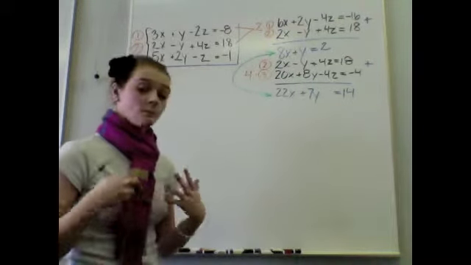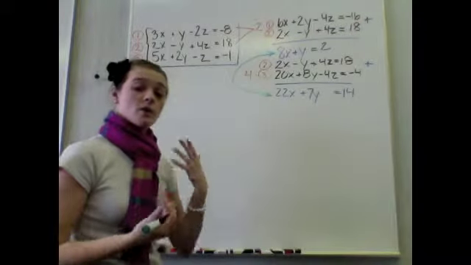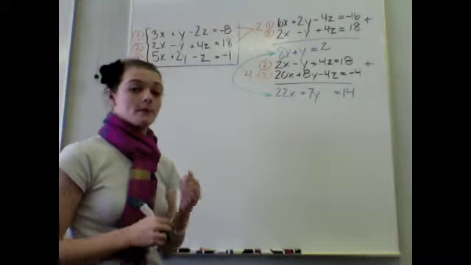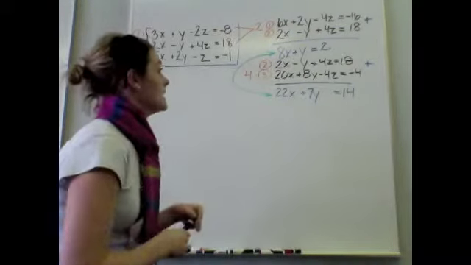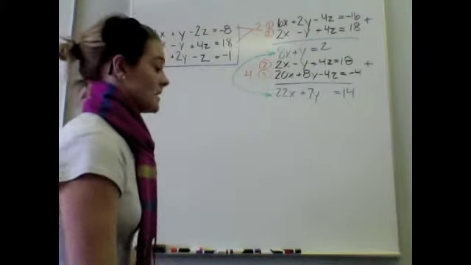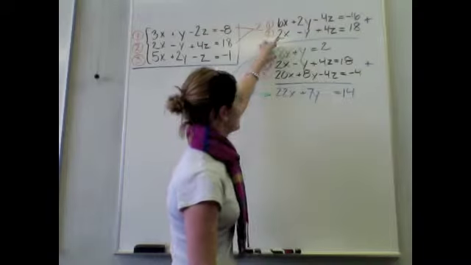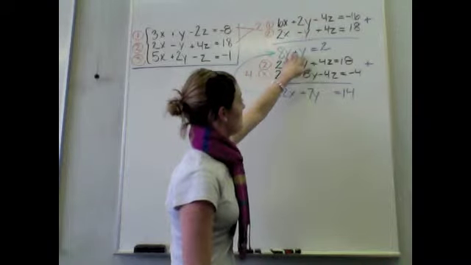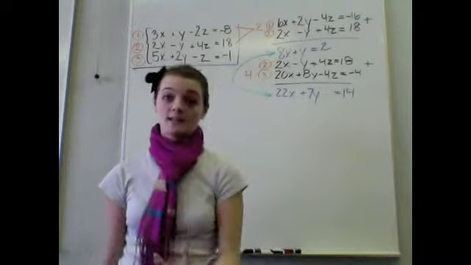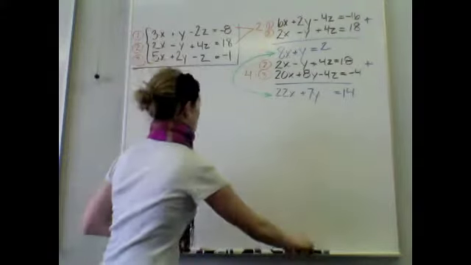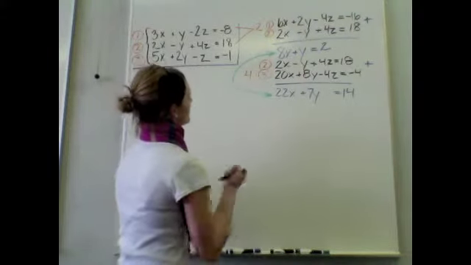Alright, so just like we did before, we're going to work to eliminate one of the variables with a 2x2 system. It appears to me that the easiest thing to do is multiply this first equation I found by 7 to have a 7y and a 7y, and then I could subtract them. Okay? So let's do that in red.